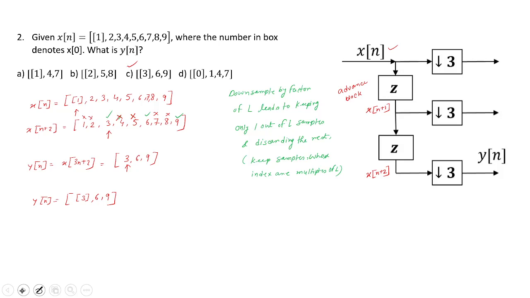Okay, let us move to question number 3 here.